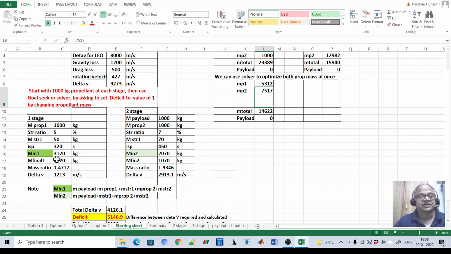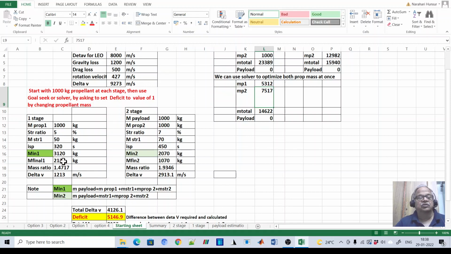That adds up to 3120. Basically, it's 1000 from the payload, 1000 from the propellant here, 50 here, and 1000 and 70 here, so it adds up to 3120 kg. For the final mass, everything else will be there except this 1000 kg of first stage propellant, which will be burned, so that will be 2120.